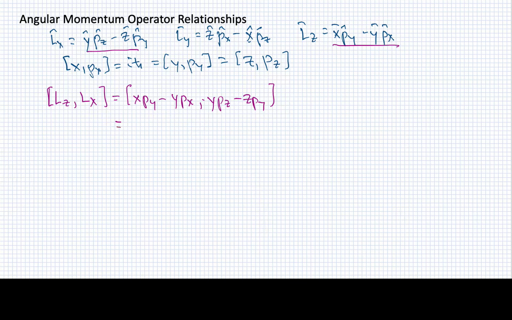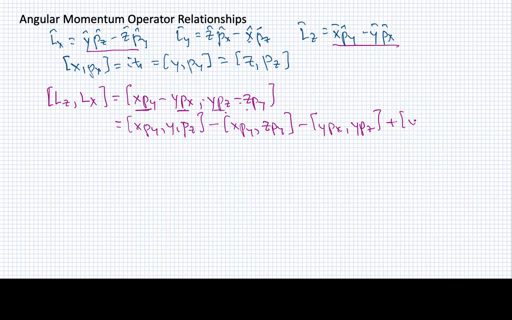I'll have x py with y pz, then minus x py with z py, then minus y px with y pz, and finally minus y px with minus z py, which gives a plus y px with z py.